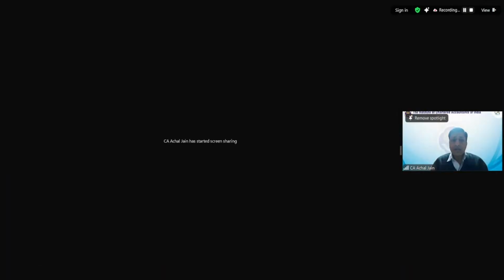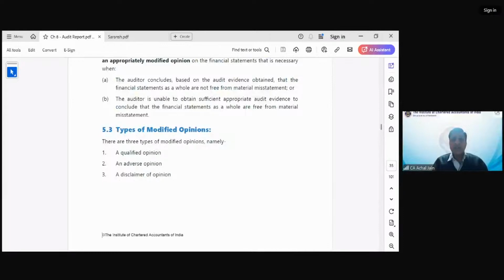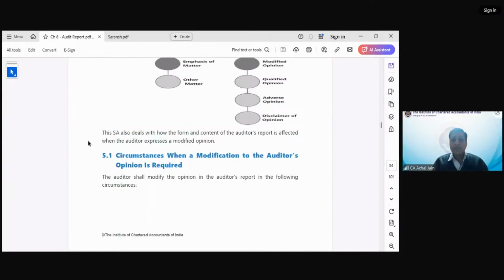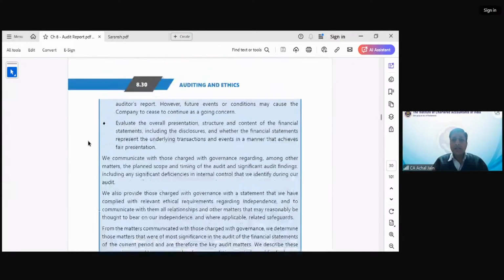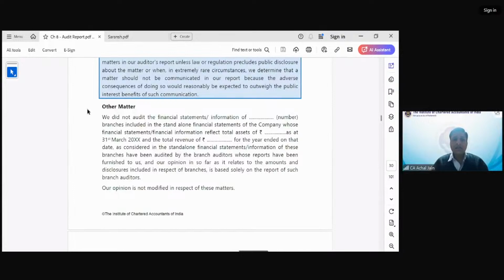Let me go to that document, please. 8.30. So I understand this is the page, right? So what is the question? So you are asking what this is. I think this is a draft format which is given to you for your reference.